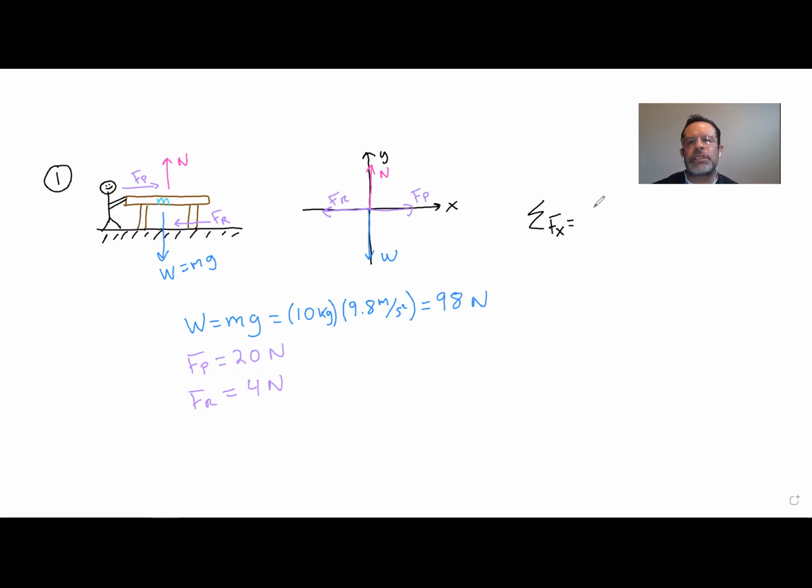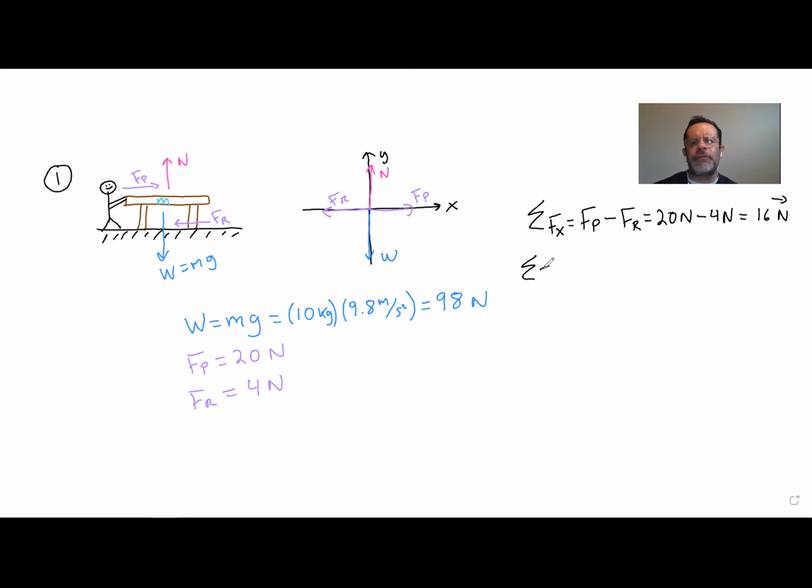So the sum of forces in X is going to be FP minus FR, which in this case is going to be 20 newtons minus 4 newtons. And this means that in X, we've got a total force of 16 newtons going this way because I'm moving it.